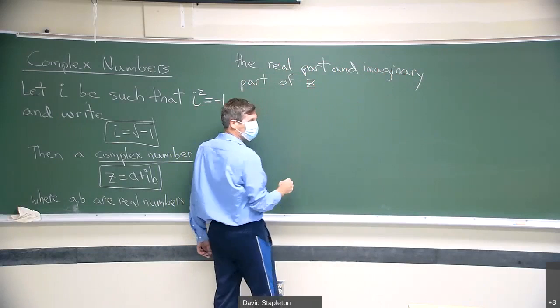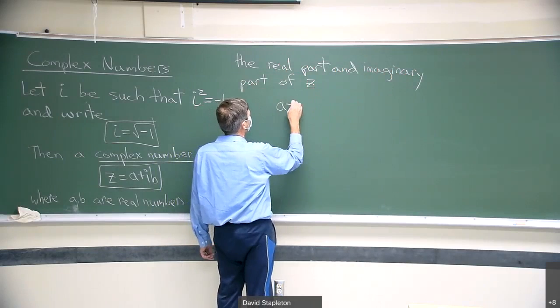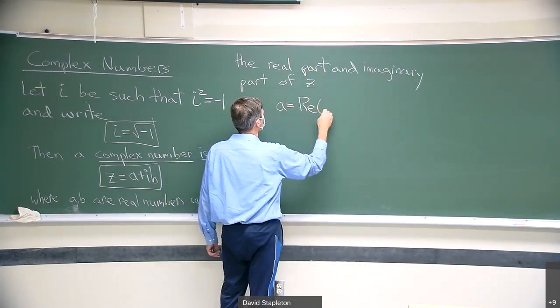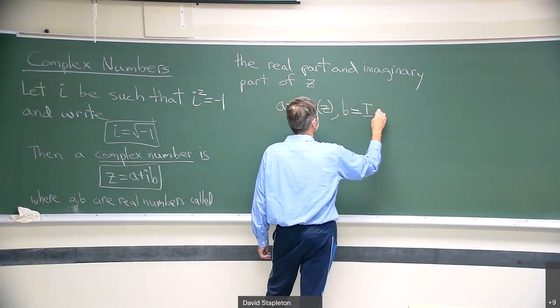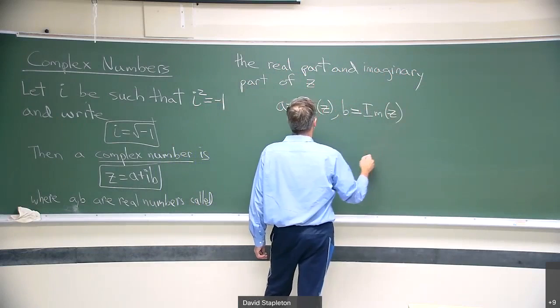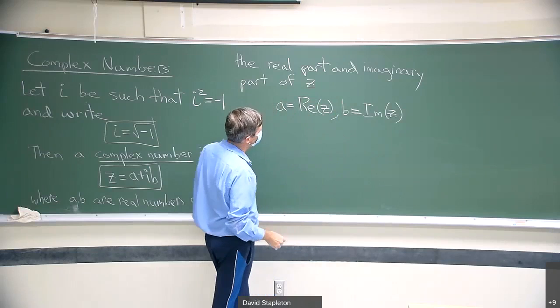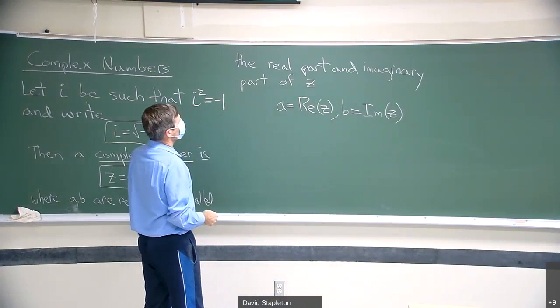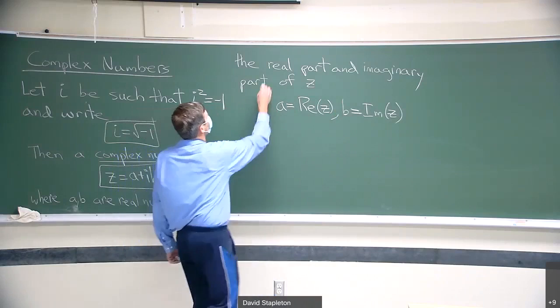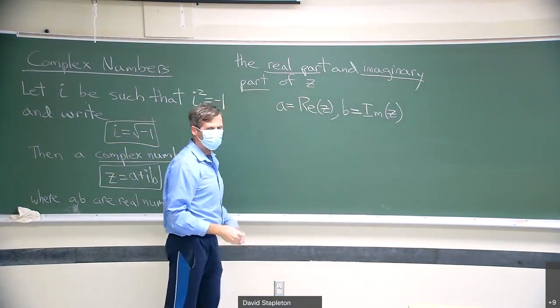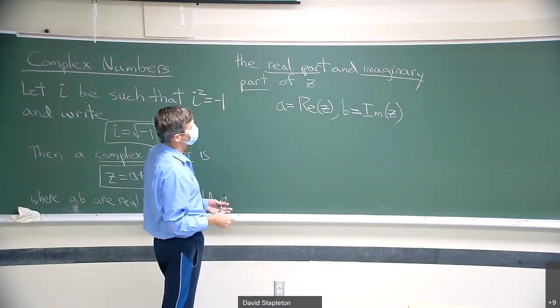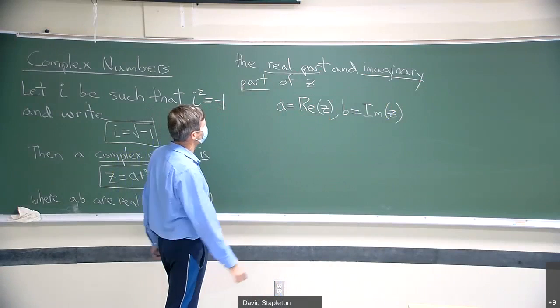We won't use it too much, but we'll say A is the real part of z, and B is the imaginary part of z, like that. Some books just use one letter R or I. So the real part and the imaginary part are actually real numbers. The imaginary part, you think it has I in it. No, it's the part that multiplies the imaginary unit.